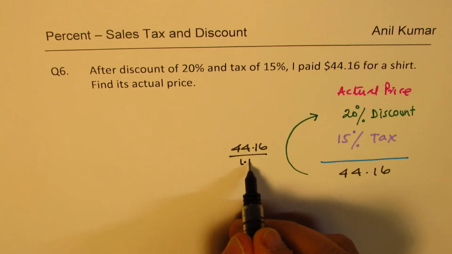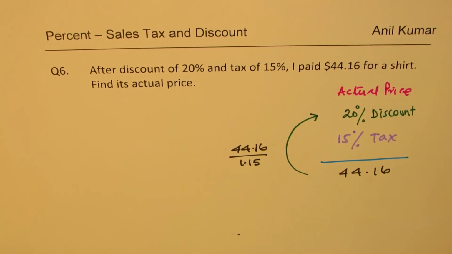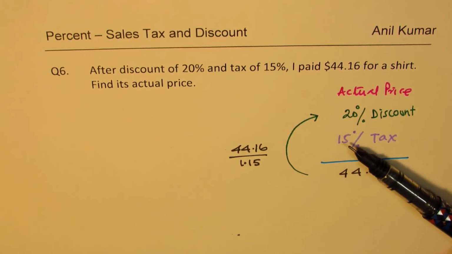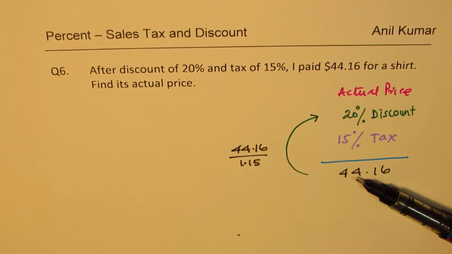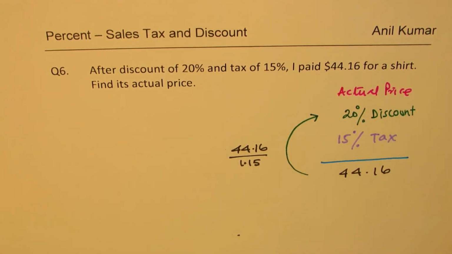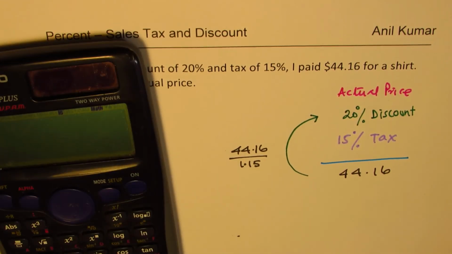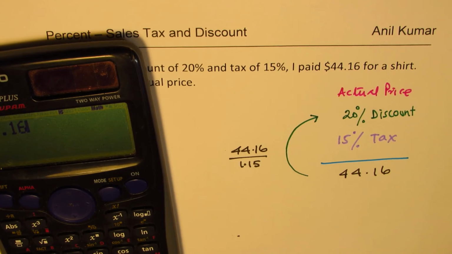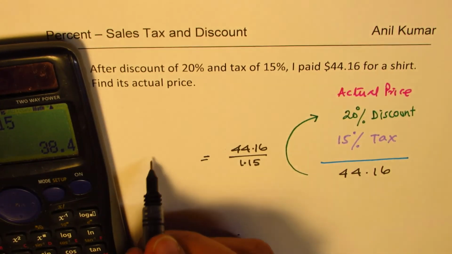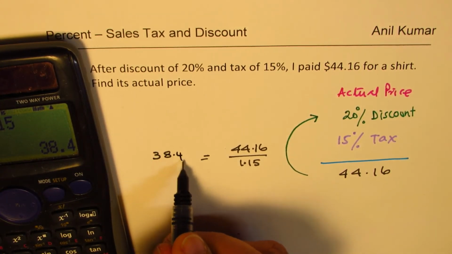Is that clear? I should divide this amount by 1.15 to get the amount which was after discount. That is the first step. So 44.16 divided by 1.15 gives you a value of 38.40.